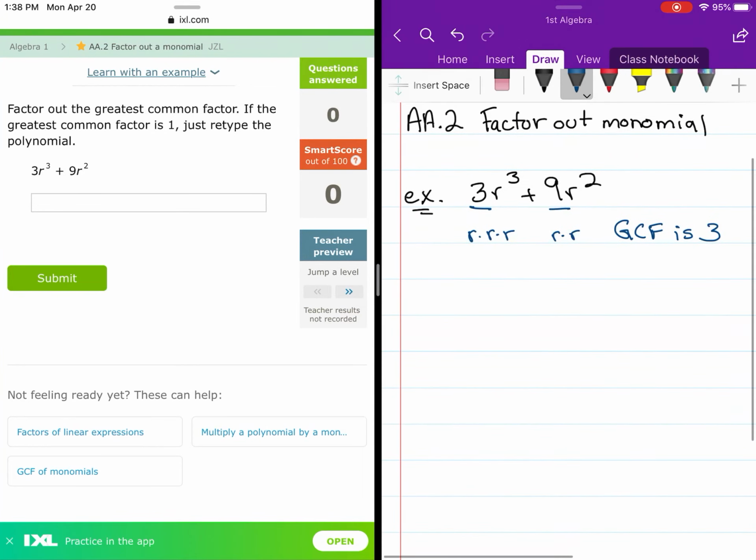So the greatest common factor for the r's, or how many you can divide out of each of those terms, is you can divide out 2 of them, because there is at least 2 in both of the terms. So the greatest common factor is r squared. So then we're going to be taking that out of our expression, out of our term.